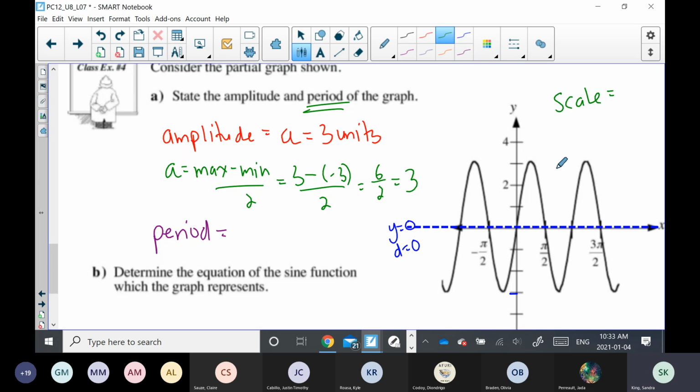And it's actually given to us because the first hatch mark is at pi/2, right? So that's my scale. That's pi/2, 1 pi/2. This guy would be 2 pi/2. This guy is 3 pi/2. This next one would be 4 pi/2, 5 pi/2, right? And 2 pi/2, if we reduce that, that would be pi.